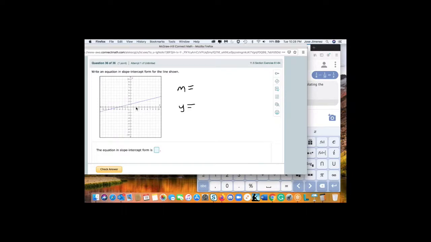The y-intercept is this number right here. It is 1. Sorry, that's y-intercept. Well, that's bad. The y-intercept is 1. This y is mx plus b. So this is b.